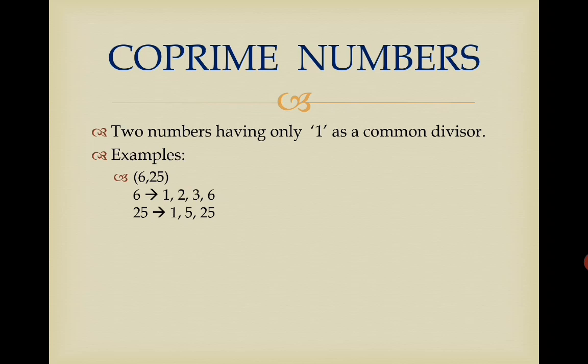Let's take one more example for better understanding. 12 and 21. The divisors of 12 are 1, 2, 3, 4, 6 and 12. And the divisors of 21 are 1, 3, 7 and 21. Again, I will compare the divisors of both these numbers.